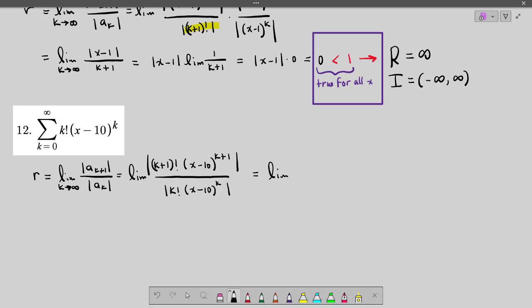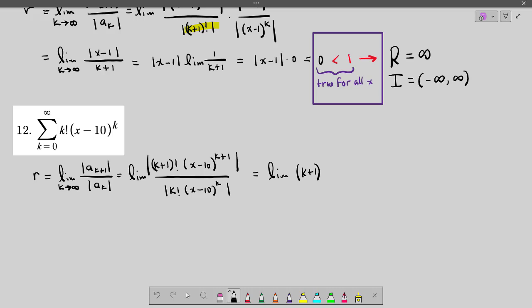Let's go ahead and deal with the factorials first. How do those two factorials simplify? Just k plus 1 up top. That is a positive number, so we don't even need absolute value bars around it. And then we look at the x factors. With the x factors, there's one extra x minus 10 up in the numerator.